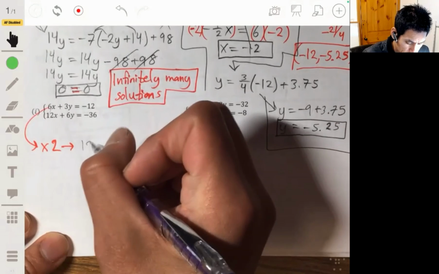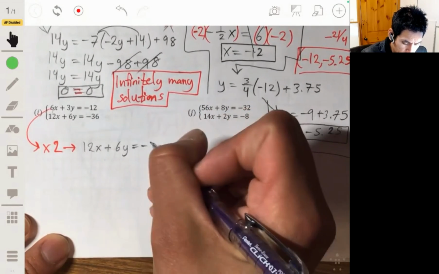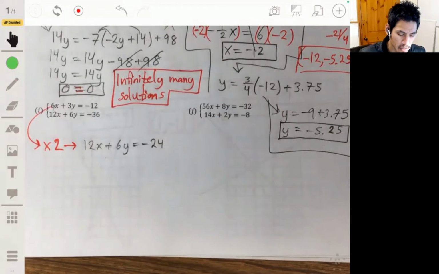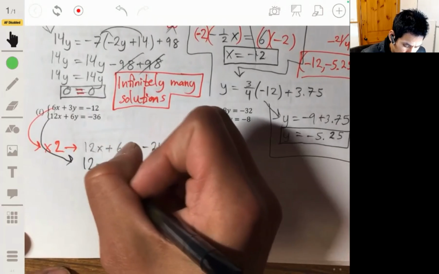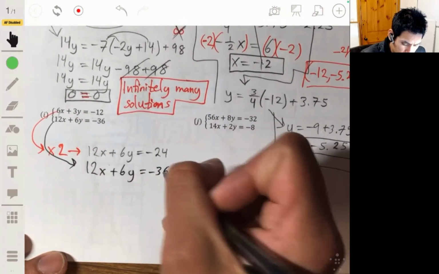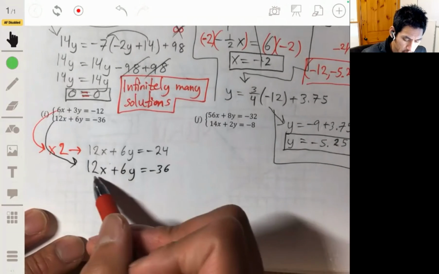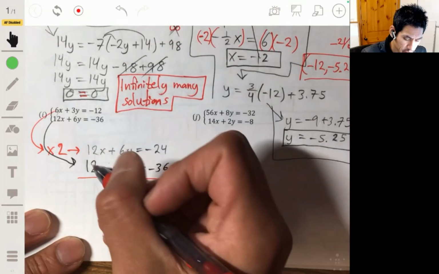So we'll get 12x plus 6y equals -24. Keeps the bottom the same. 12x plus 6y equals -36. And look, we got the exact same expressions on the left.